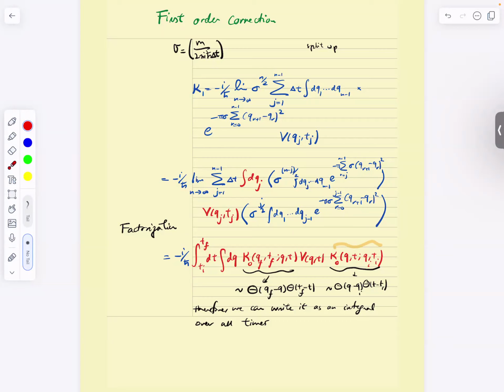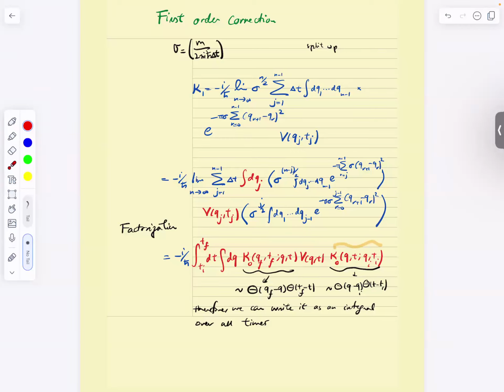So, what is this? I'm doing a path integral from Ti to Tf over all paths. There is some Qi here at some time Ti, and then there is some Qf here.